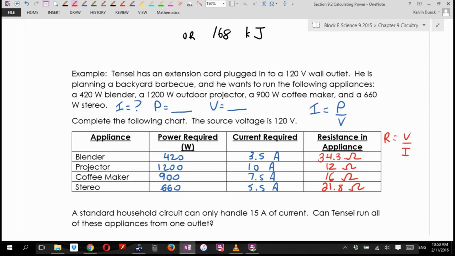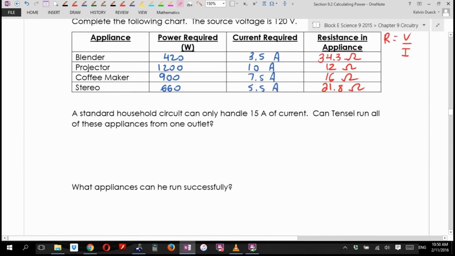You're having your party. Turns out, in a standard household circuit, it can only handle 15 amps of current. Can you run all of these from the same extension cord? Nope. What will you do? Blow a breaker. So you have to revise your party plans.